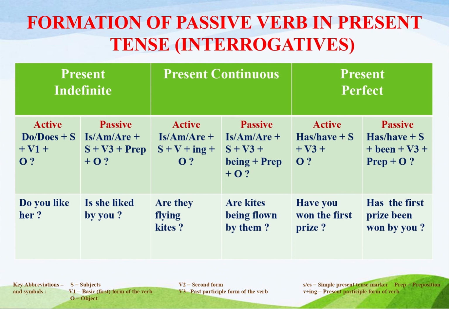Since do or does are helping verbs, while changing into passive form, we will be following the formula is or am or are plus subject plus third form of the verb plus preposition that is by plus object. For example, do you like her will get changed into is she liked by you.